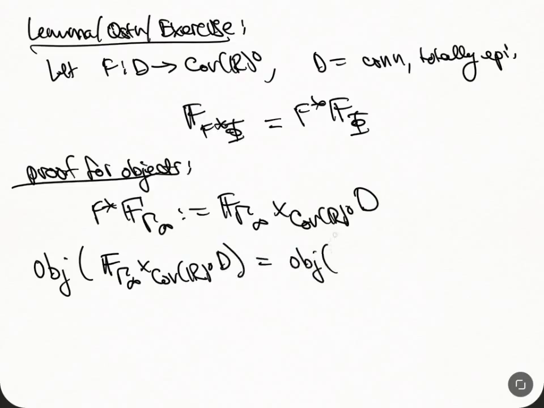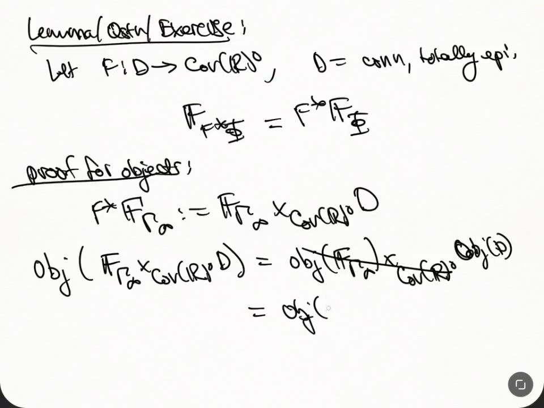So I think that we get the objects. These two things cancel because the underlying objects of this category are just the objects of R0. And so this just becomes the objects of D. Okay, so that's one thing. And then the other thing that we need to check is the morphisms.